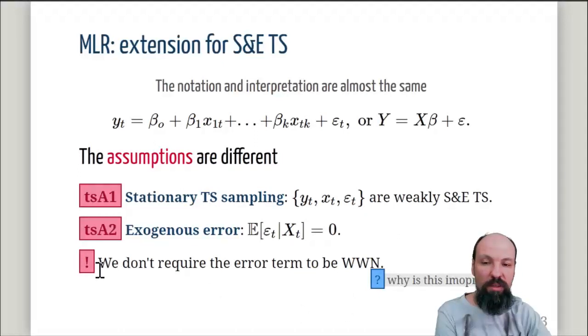And what is important here, we don't require the error term to be weak white noise. This is not realistic. This assumption is sometimes made as the time series analog of what we usually assume about the error term in cross-sectional regression, right? But we don't do that. First of all, because our models are never true, and there are a lot of missing variables in whatever we are trying to explain. There's no way we are going to explain it all by including some X's.